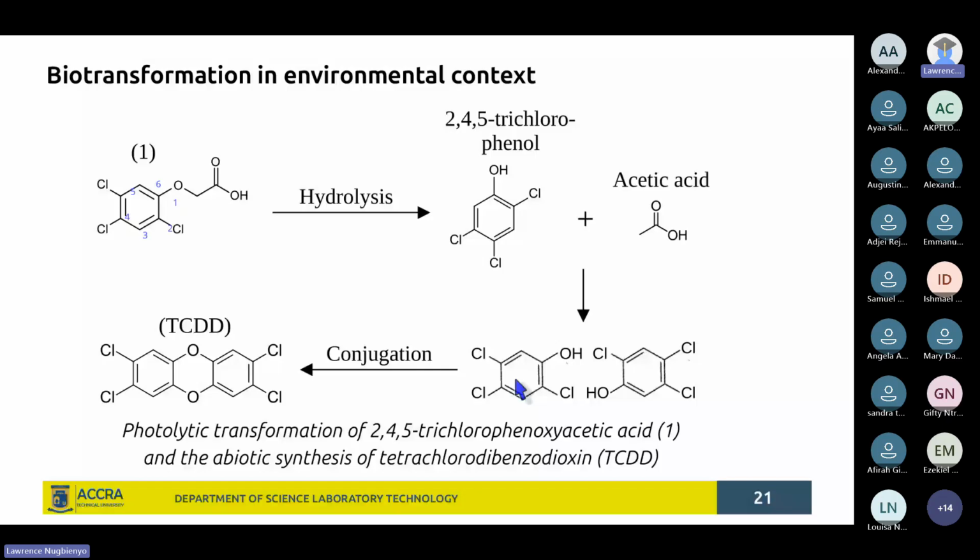An example is this herbicide, which was used decades before, sometime in the 1940s, 50s.